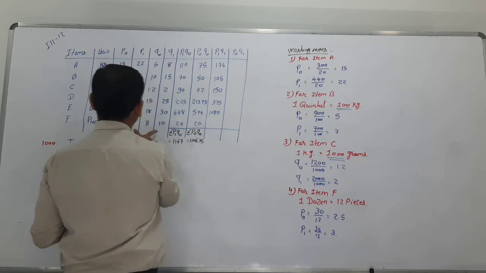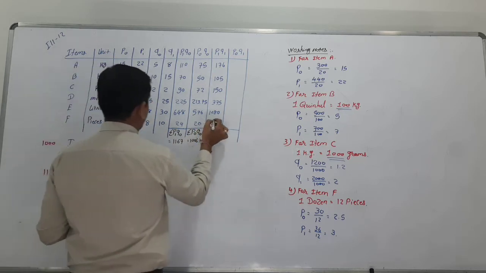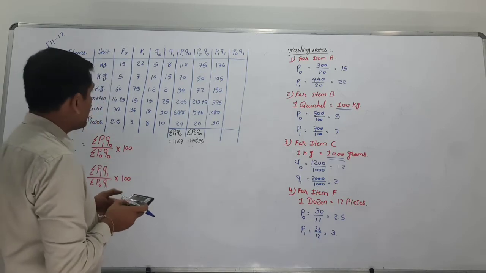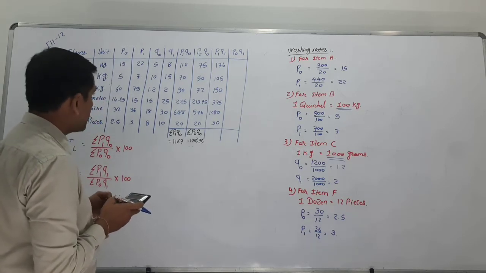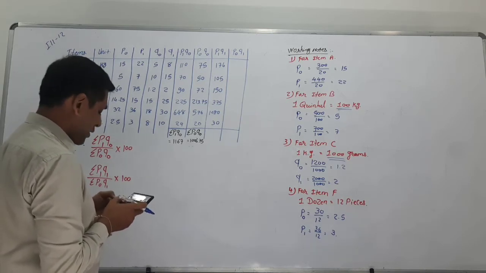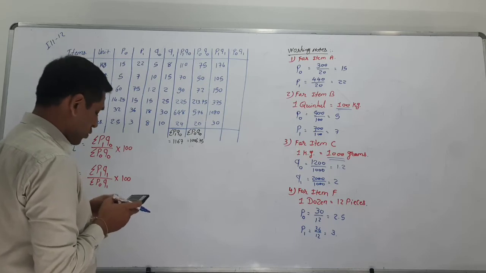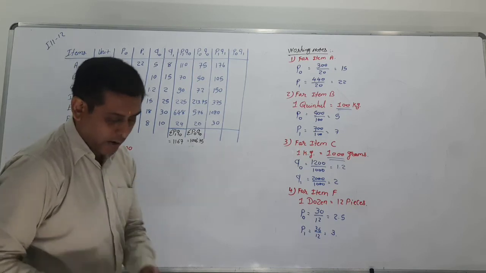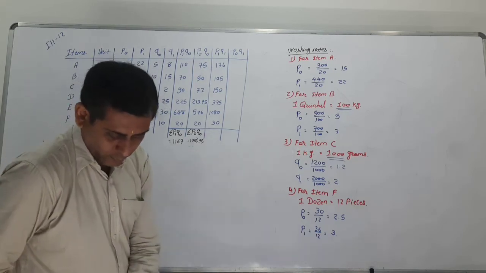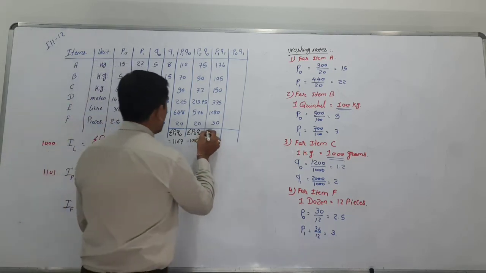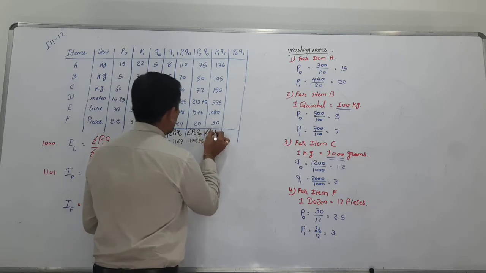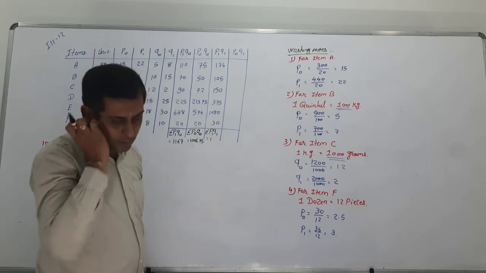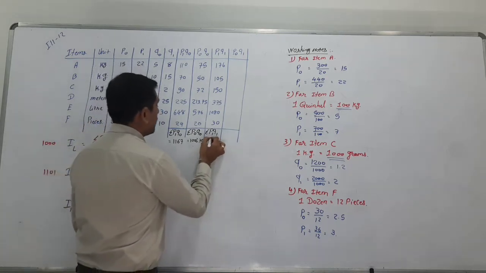And the last one is 30. So what is the total? 176 plus 105 plus 150 plus 375 plus 1080 plus 30. The answer is 1916. Sigma P1 Q1 is equal to 1916.